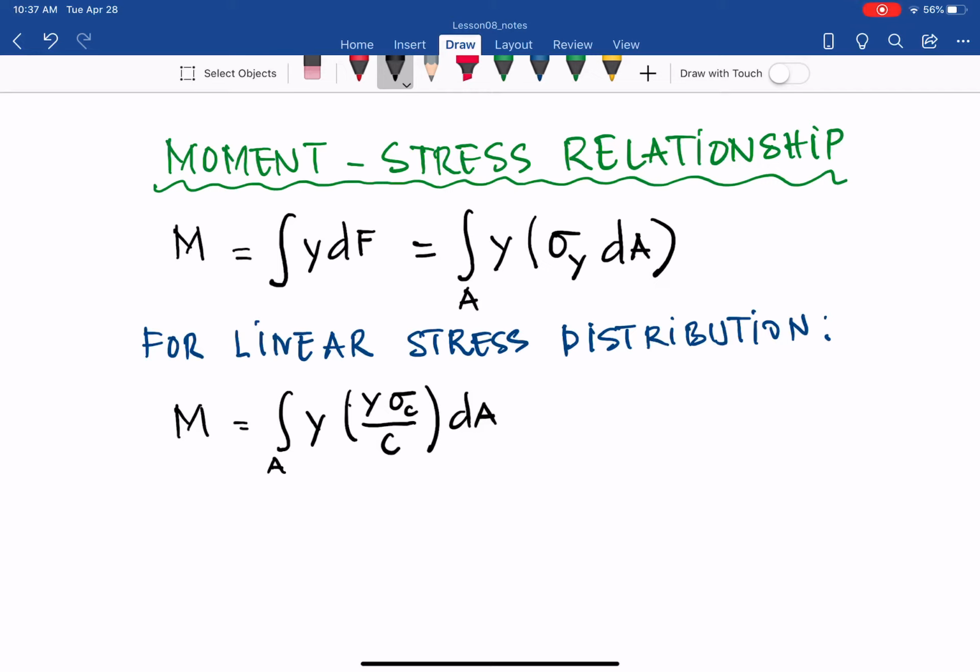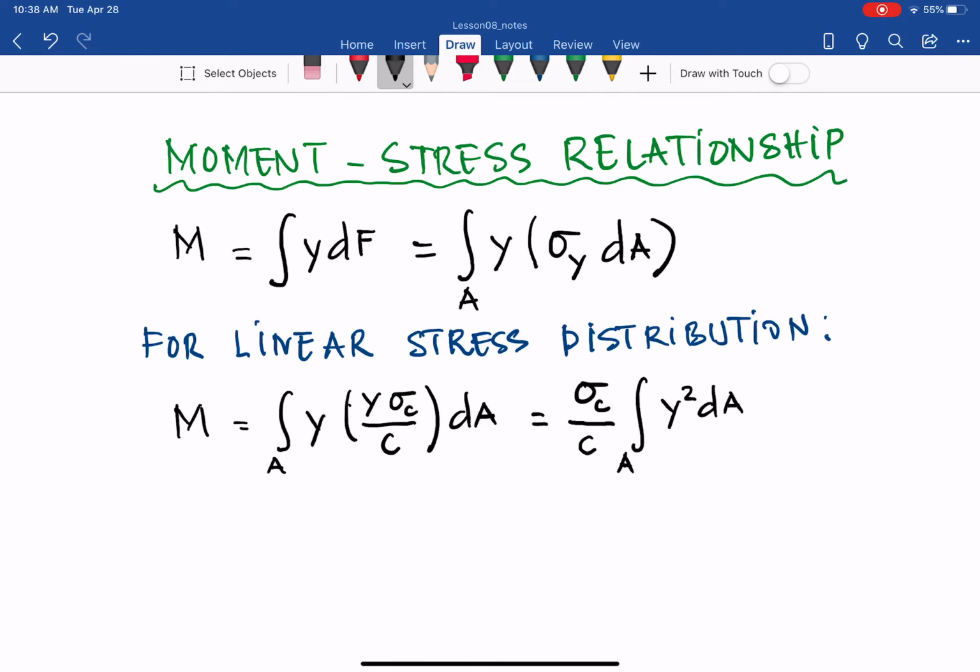So we can bring out c, the distance from the neutral surface to the outermost fiber. If it is a constant cross section, then c is also constant. So from that I can pull that out. It will be equal to sigma c, the normal stress at the outermost fiber, over c, the distance from the neutral surface to the outermost fiber, and what is left in the integral is y squared dA.